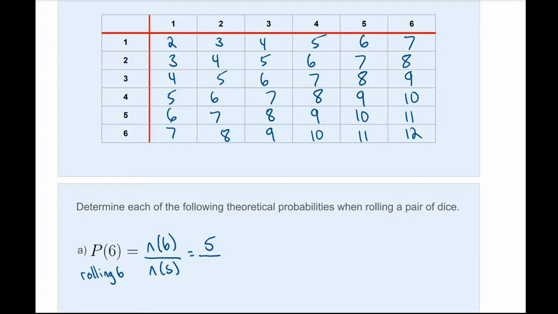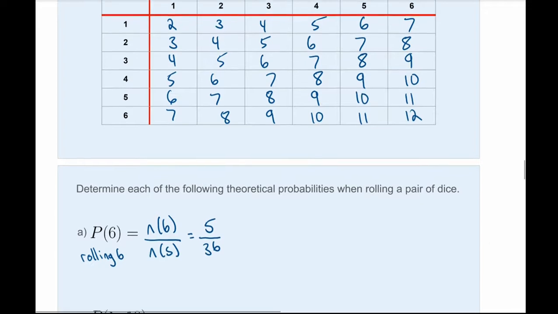Now what is the total number of outcomes? You may think, well, there's 11 different numbers, 2 to 12. However, each combination of each of the two dice, so each square, is considered an outcome in this case. So there are 36 total possible outcomes.